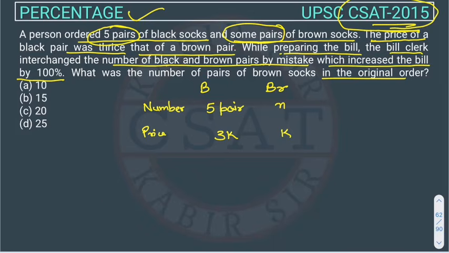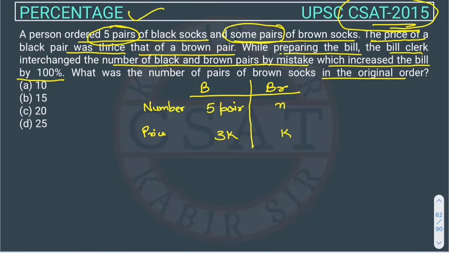So the question is simply, try to understand that the customer is buying two kinds of socks, black and brown. Black number is given, 5 pair, and the brown number is not given, and the price of black is thrice that of brown. This is also given.